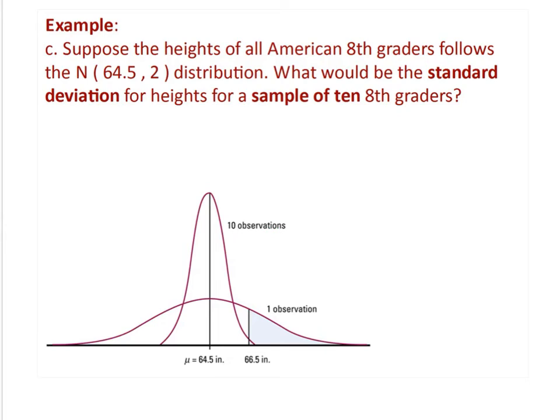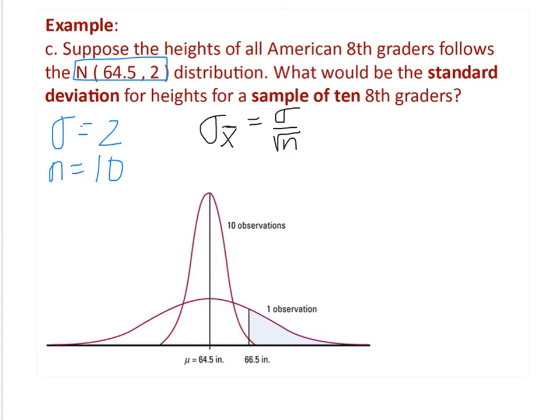It says, suppose the heights of all American 8th graders follow this same distribution. So my given standard deviation is 2, and I take a sample of 10 8th graders. So if I want to find the standard deviation of the sampling distribution, or of x bar, that's sigma over the square root of n.